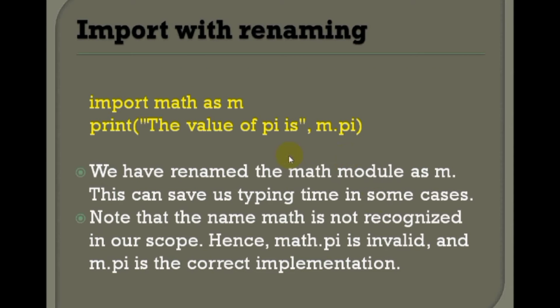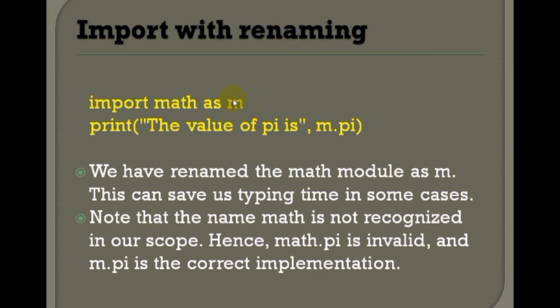Now see the second method. Here we can rename the module. By using this statement, the import keyword, then the name of the module, then the as keyword, then whatever name you are giving to that module.